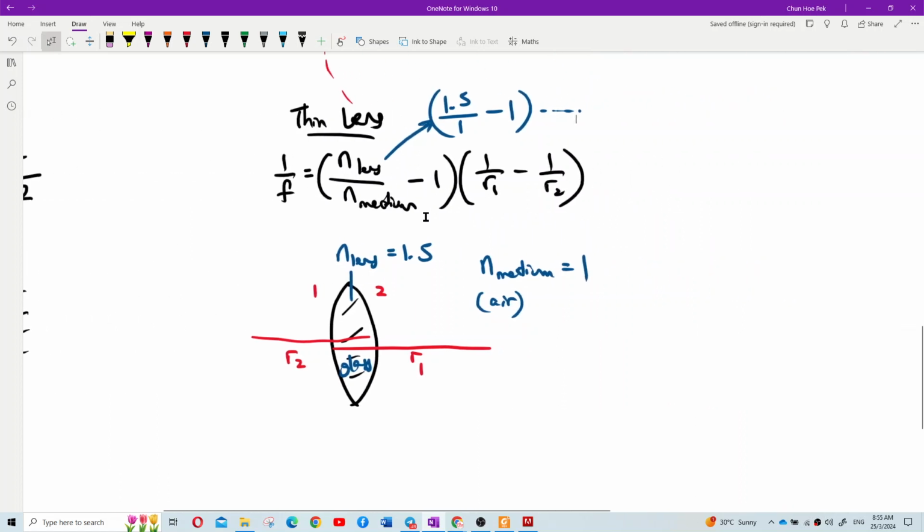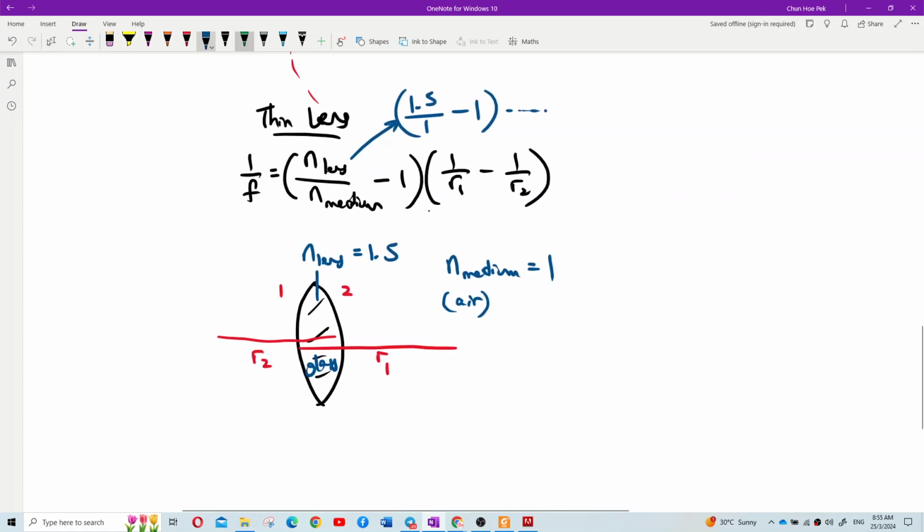What is this formula called? This formula is called the Lensmaker equation. Maybe when making a lens, that's why they have to consider surface 1 and surface 2, find radius 1 and radius 2.